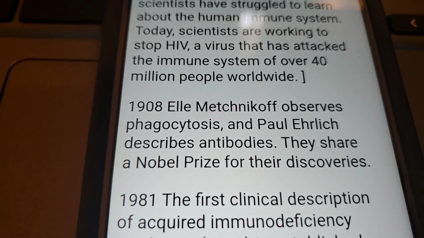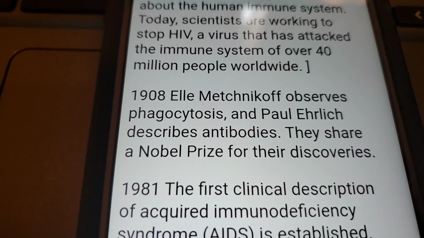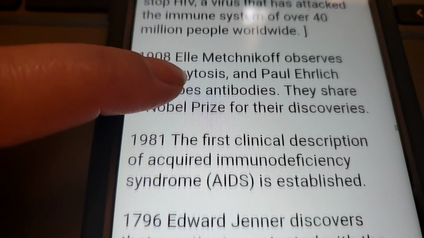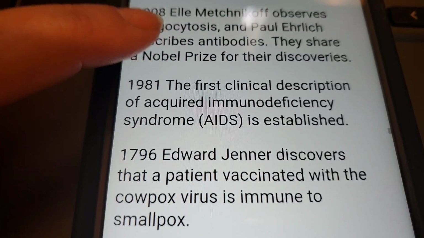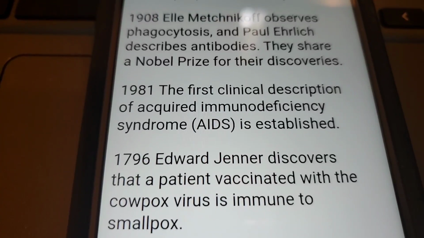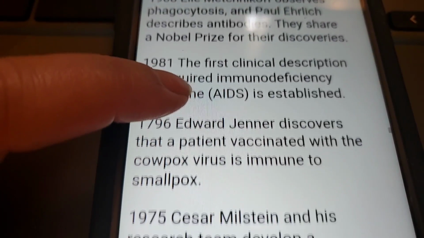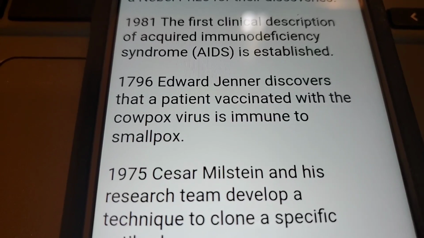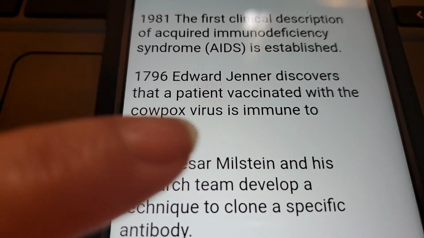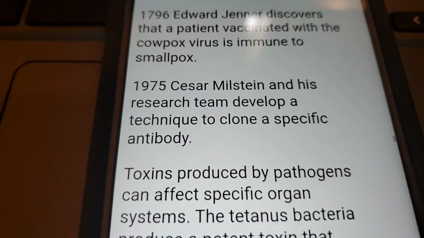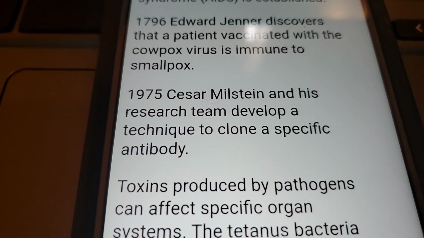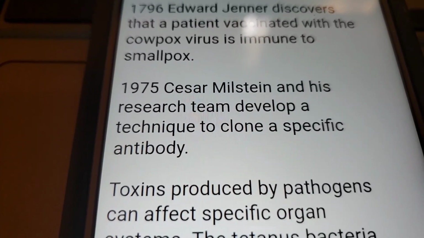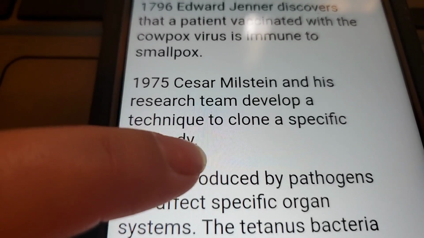They share a Nobel Prize for their discoveries. In 1981, the first clinical description of acquired immune deficiency syndrome, AIDS, is established. In 1796, Edward Jenner discovers that a patient vaccinated with the cowpox virus is immune to smallpox. In 1975, Cesar Milstein and his research team developed a technique to clone a specific antibody.